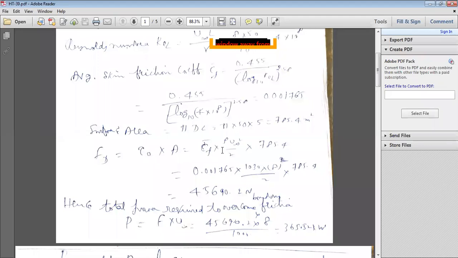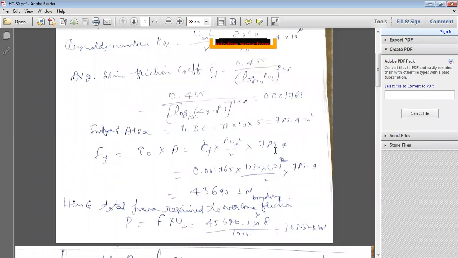From what was given in the earlier classes, Cf bar into rho u free stream square divided by 2. Sometimes I have used Cf x, sometimes Cf bar, but here the average value is to be taken. So tau naught is equal to Cf bar into rho u free stream square divided by 2 into surface area.